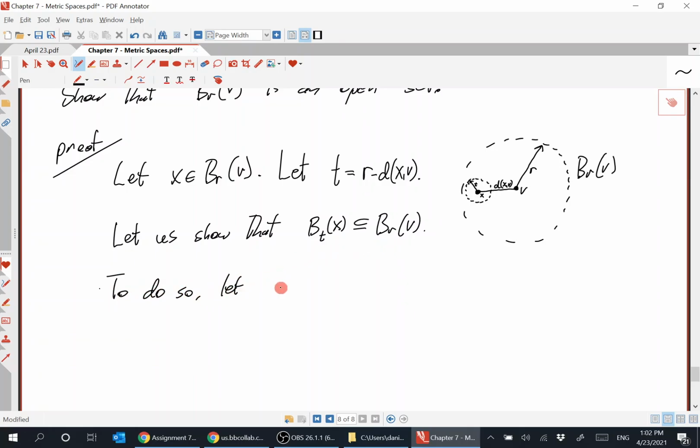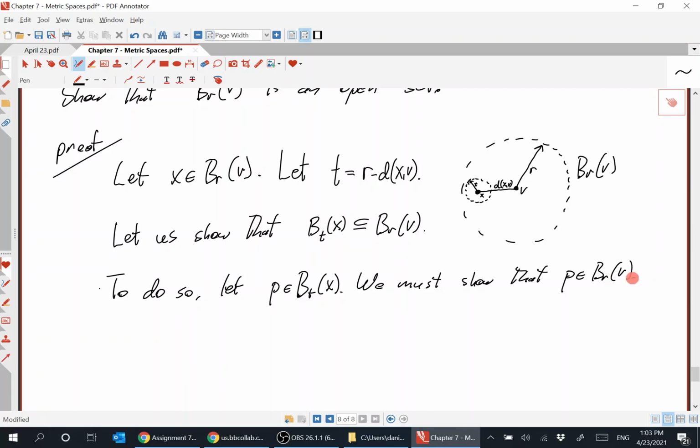Okay, so we've already been using X and Y here. Let's go to something different. Let P be an element of the ball of radius T around X. We need to show that P is an element of the ball of radius R around V. How does one show that P is in the ball of radius R around V?